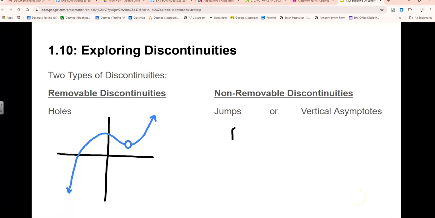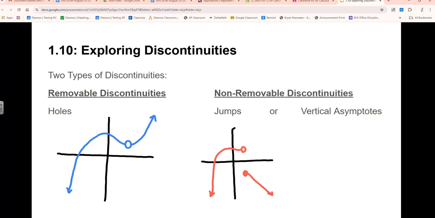So a jump, if we draw ourselves an example, looks something like this, where we would have a graph that does maybe something like this, and then you've got an open circle, and it could be open or closed, I guess, but you jump down to another part of the graph.